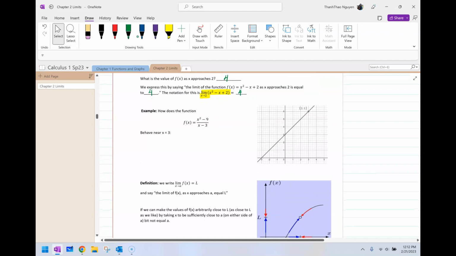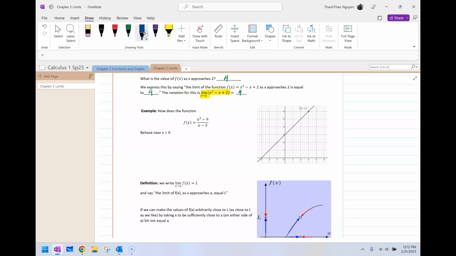How does the function f of x equals x squared minus 9 divided by x minus 3 behave near x equals 3? As you can see, as x approaches 3, f of x approaches 6.